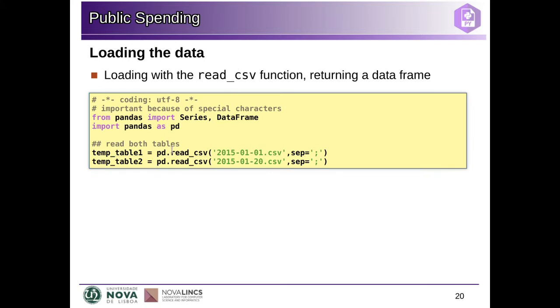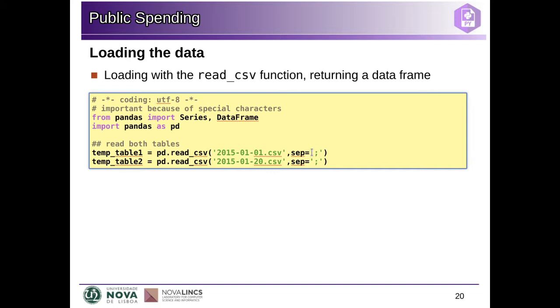One useful one in this case is this read_csv function, where you specify the file name, you can specify the separator, and it will read the data into a data frame. You also have functions to read from Excel, to read from HTML tables, and so on. So in general, if you're using some kind of standard format, pandas can be very useful to get your data.